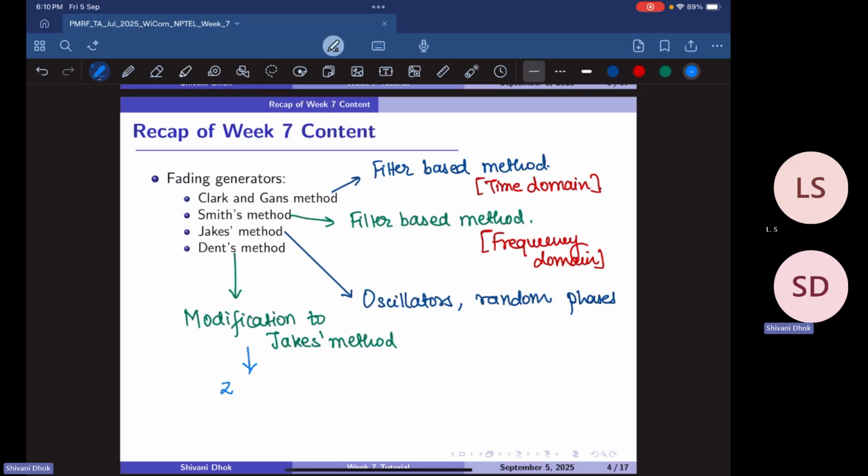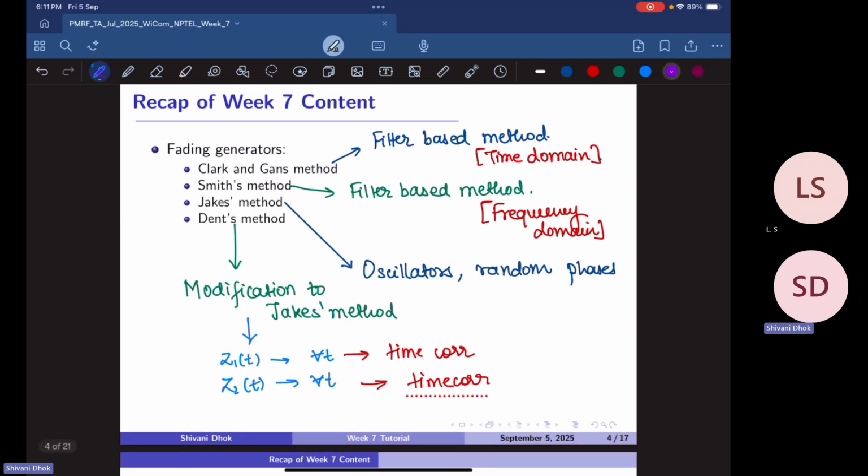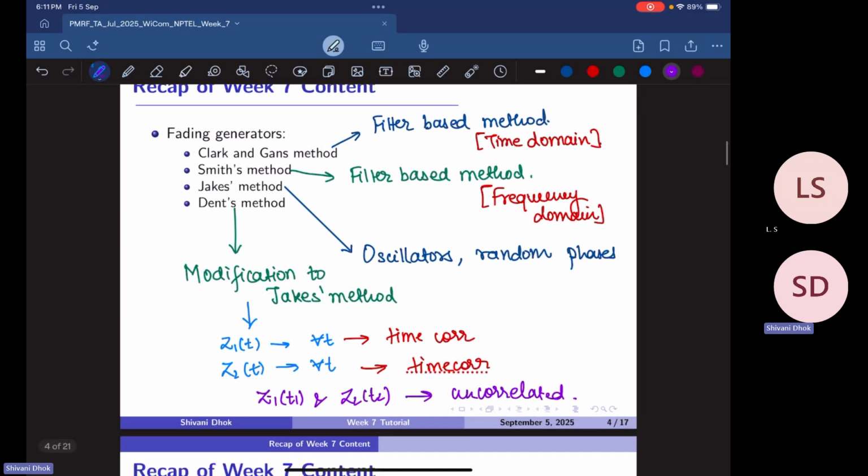So basically you can have a z1 of t stream for all t, then you will have z2 of t for all t. So this is time correlated, this is also time correlated, but z1 of t1 and z2 of t2 are uncorrelated, or independent. Okay, these were the four methods that we looked at.